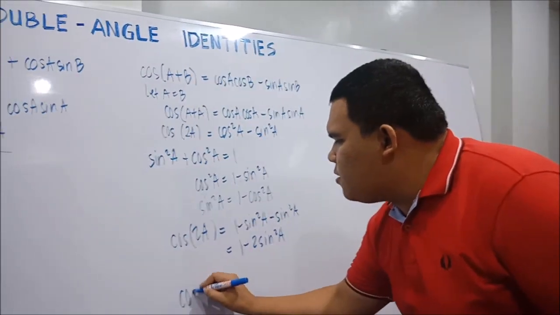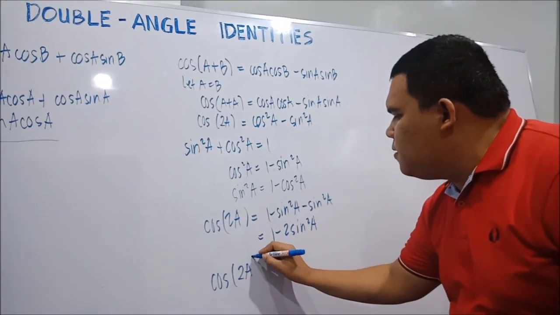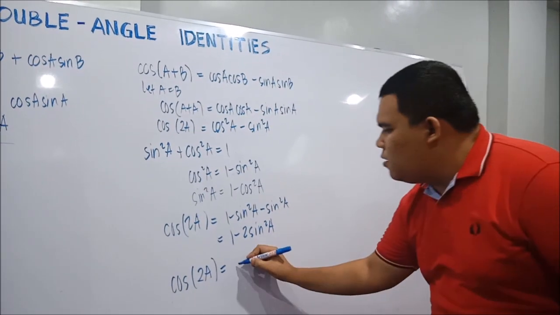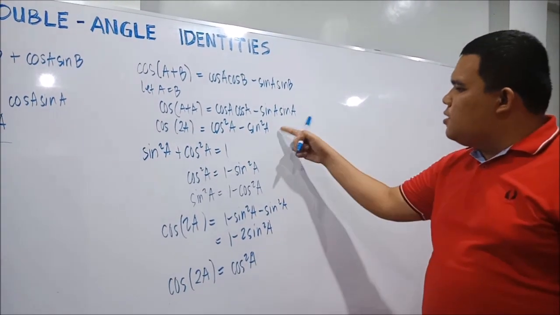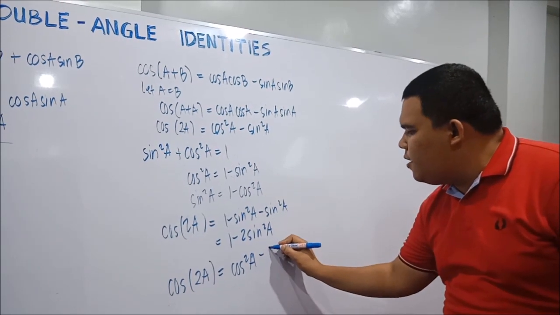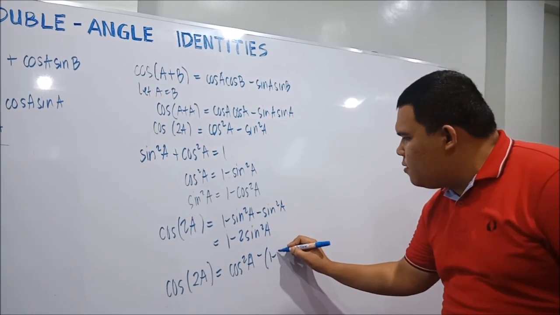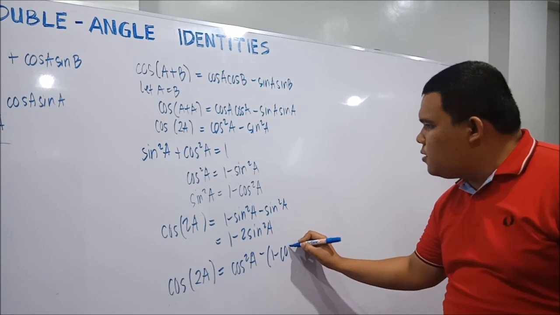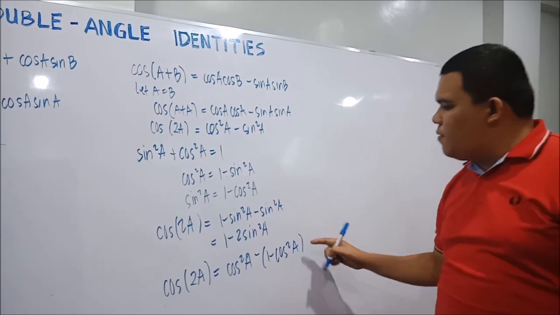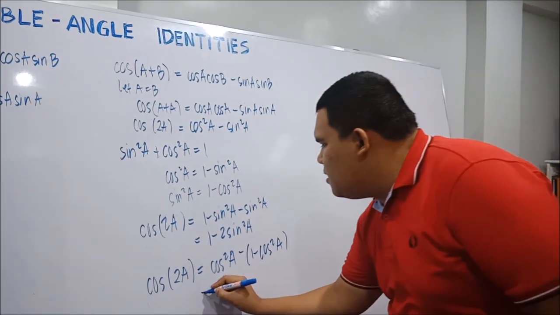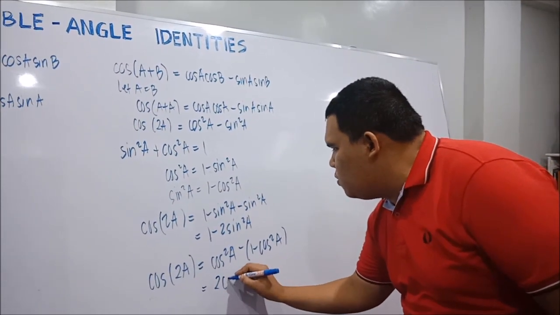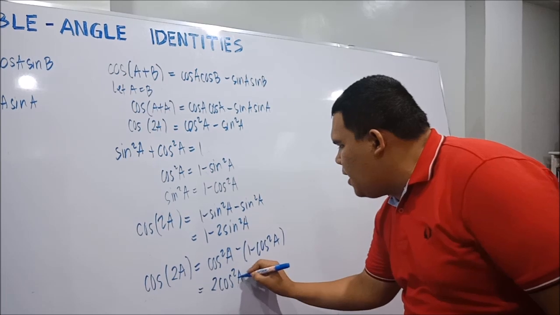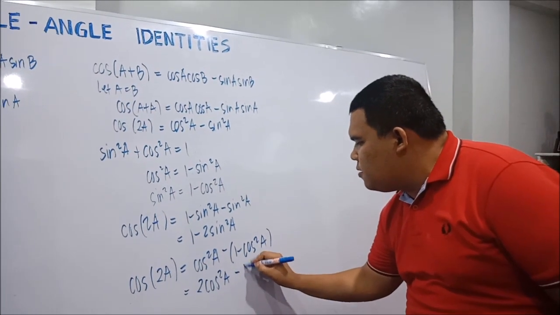On the other hand, we can also write this using the fundamental identity, where sine squared A is 1 minus cosine squared A. You can write cosine 2A as 2 cosine squared A minus 1.